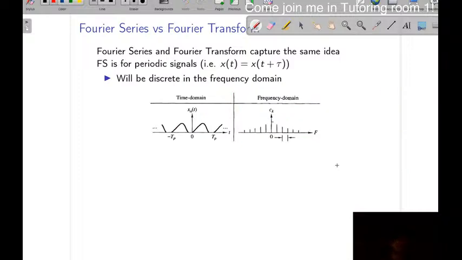So like I said, for periodic signals, it's going to be discrete in the frequency domain. We can plot out the different values of c k, the different coefficient values.